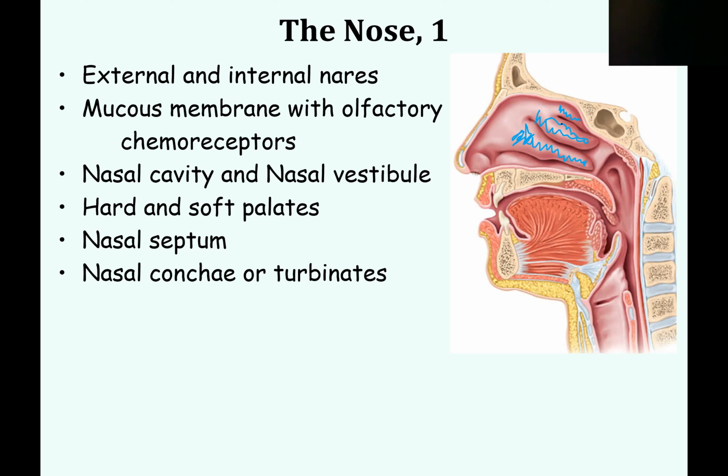Underneath them are the conchae. And so I don't care which term you use, whichever makes more sense to you. The turbinates and conchae are going to increase the surface area of the nasal cavity. So more mucous membranes. All right, so those are the components of the nose.